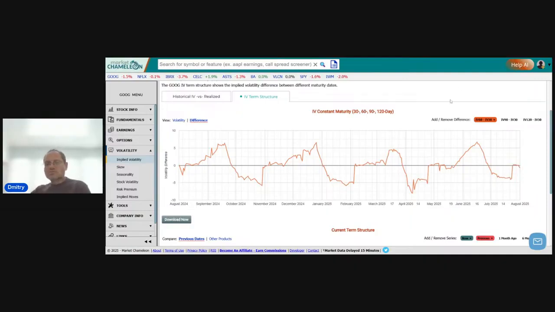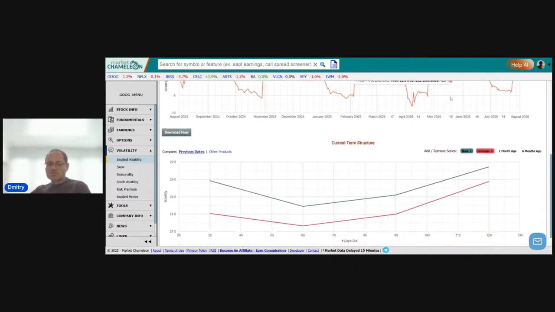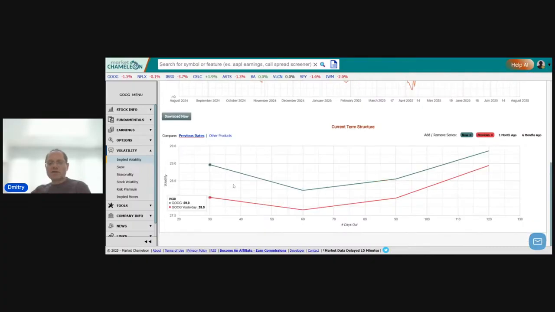We could also go down here and compare the term structure relative to a historical. So this green line here is showing us the 30-day constant maturity, the current one, then the 60-day. So you can see that the 30-day is currently higher than the 60-day, and then the 90-day starts moving back up, and then the 120-day is even higher.